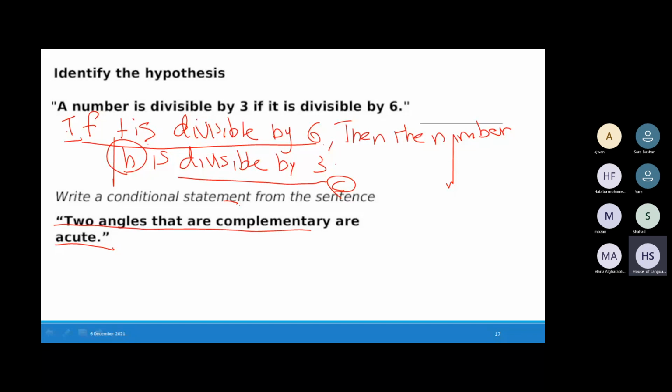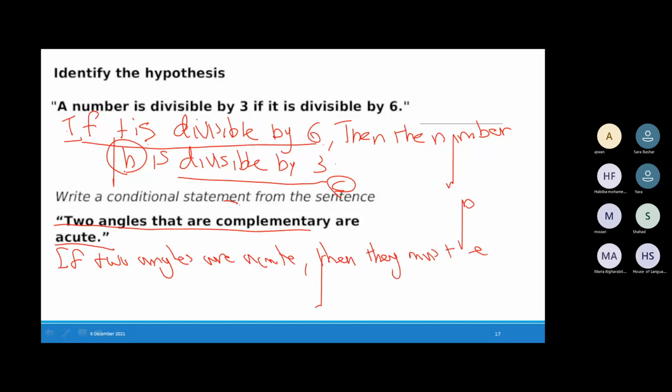Or if two angles are acute, then they will be complementary. So where is the hypothesis? Two angles are acute, and the conclusion, they must be complementary.